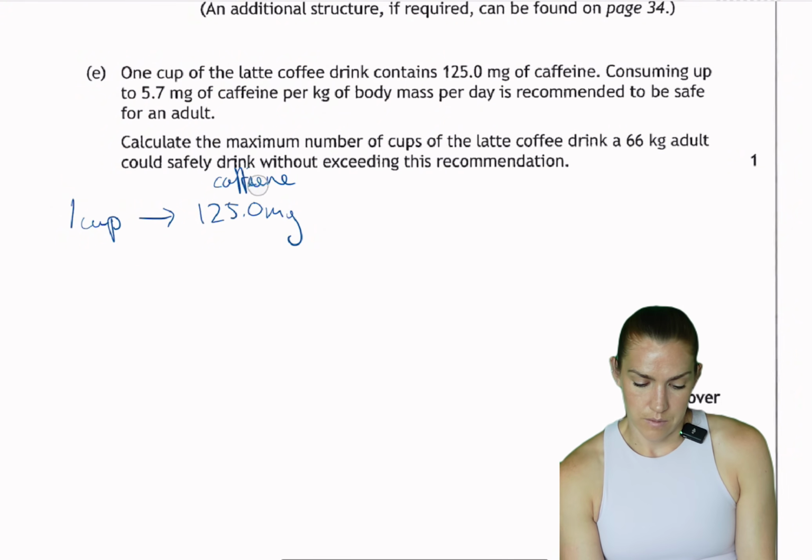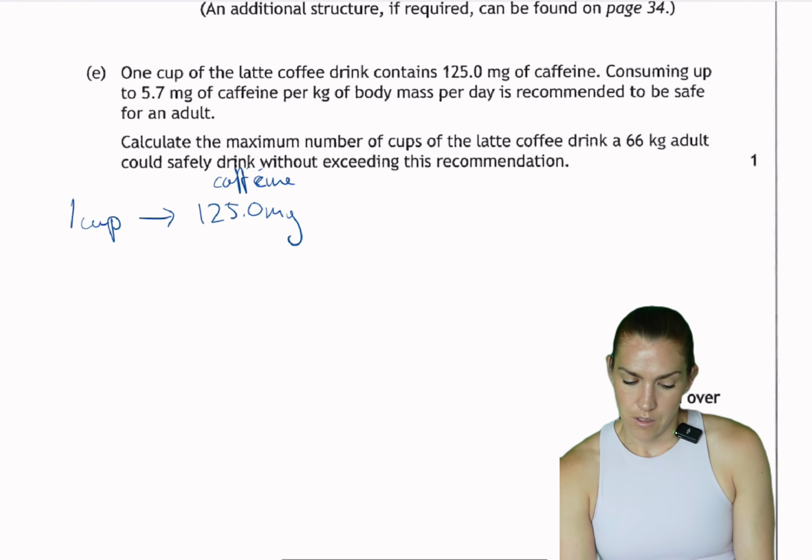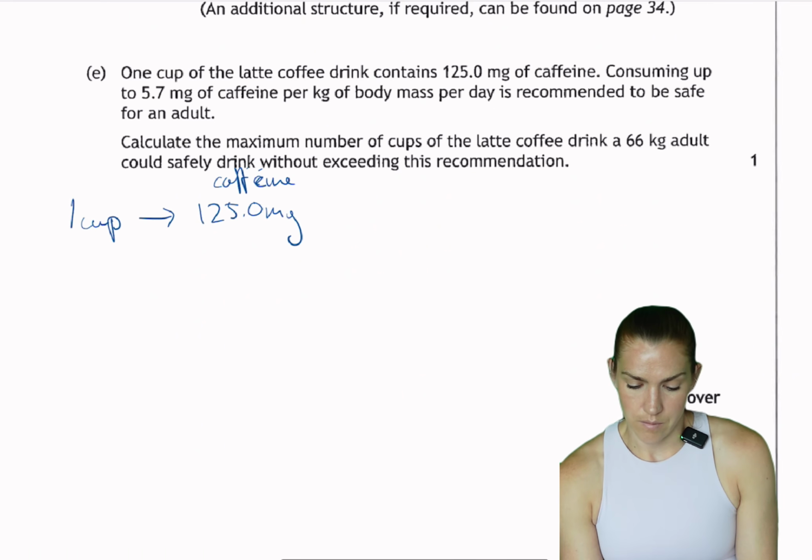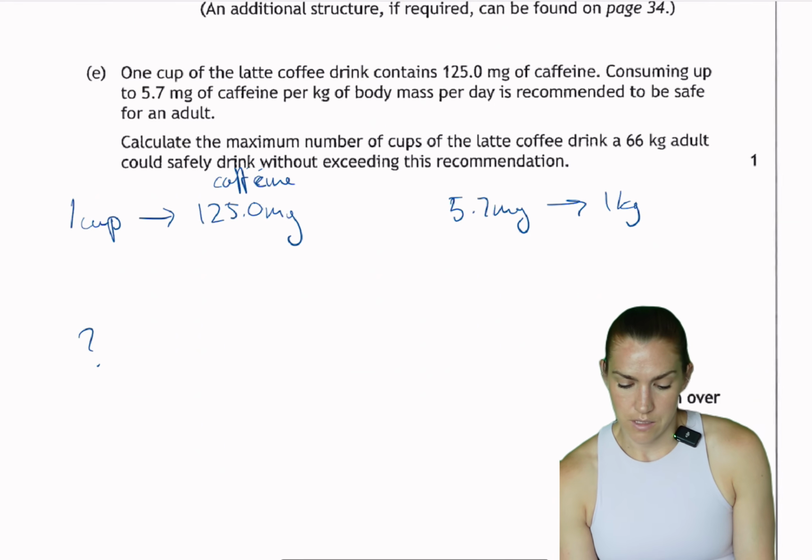I before E except after C, except in caffeine as well apparently. Consuming up to 5.7 milligrams of caffeine per kilogram is recommended to be safe. So we've got 5.7 milligrams per kilogram is okay, and you're trying to work out how many cups of latte a 66 kilogram adult could safely drink.